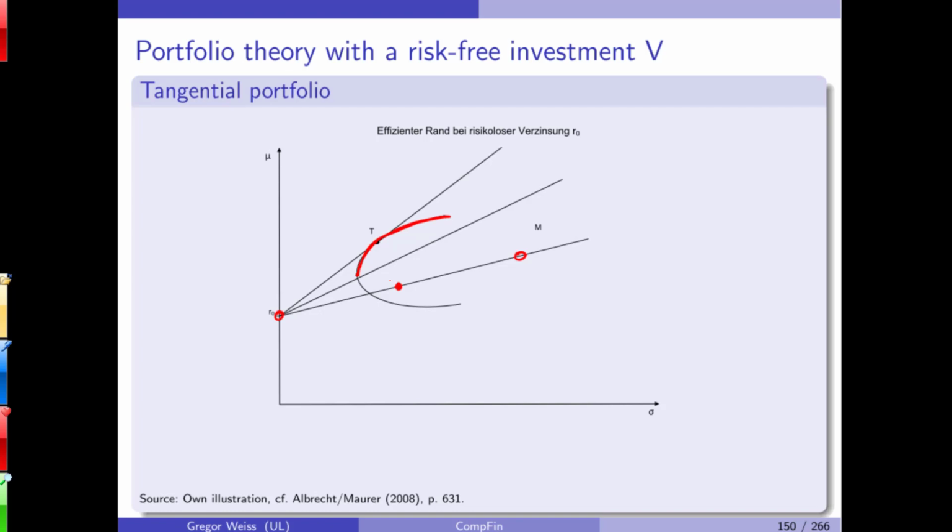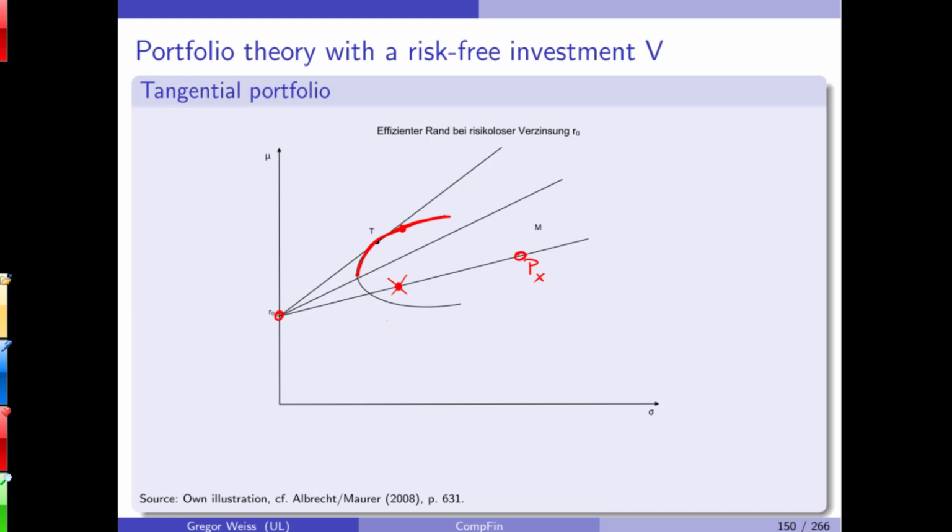Maybe even half. 50% risk-free investment, 50% this portfolio P, let's call it PX. Now, this is a combination of the risk-free investment and the stock portfolio, but still it is dominated by this point on the efficient frontier. So this should not be done.